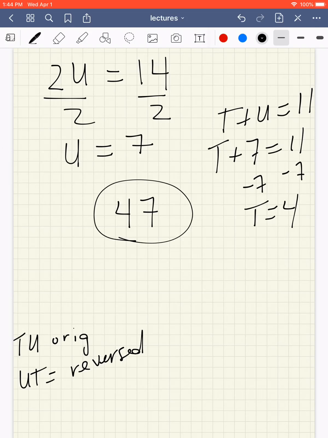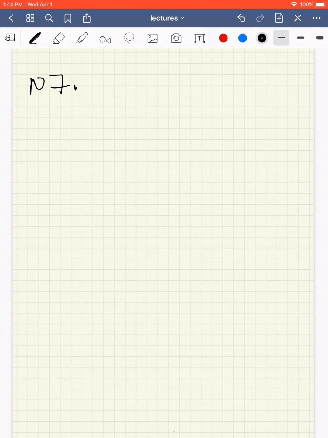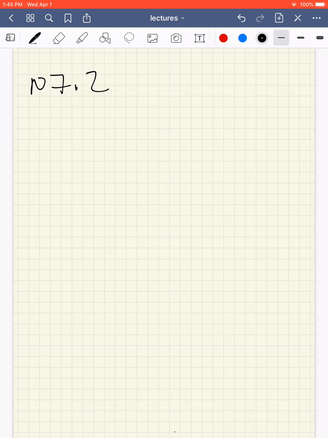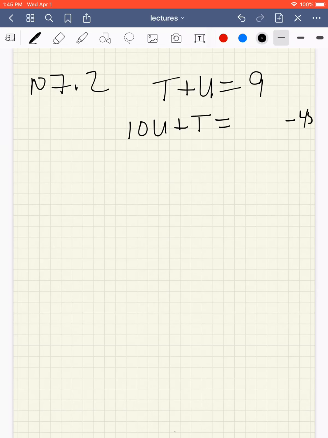All right, let's try another one. The sum of the digits of a 2-digit counting number was 9. So T plus U equals 9. When the digits were reversed, so that's 10U plus T, the new number was 45 less than, so we put minus 45 on the end, less than the original number.